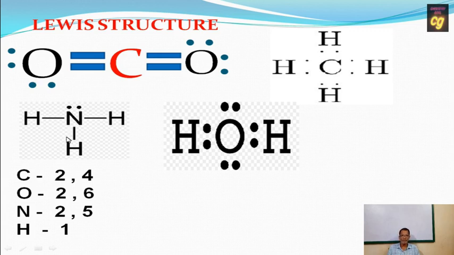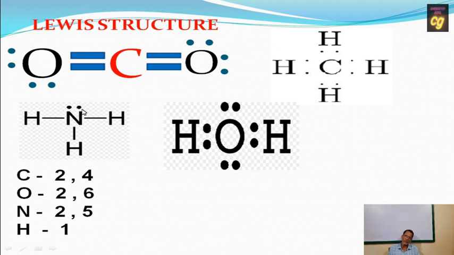Similarly, NH3 is called ammonia. Here, nitrogen has the electron configuration 2,5. 2,5 means it has 5 electrons in the outermost shell. As it has 5 electrons in the outermost shell, it requires another 3 electrons to satisfy the octet rule.